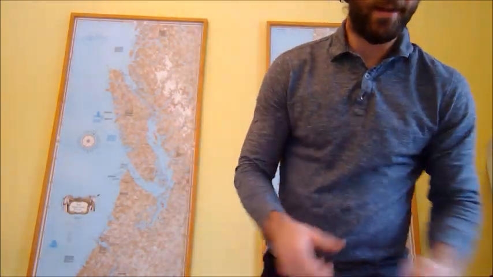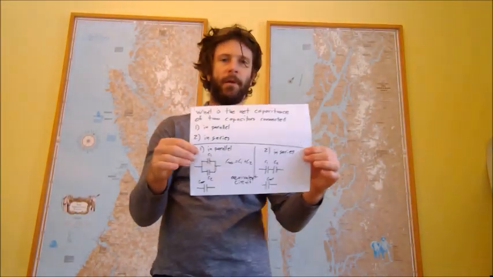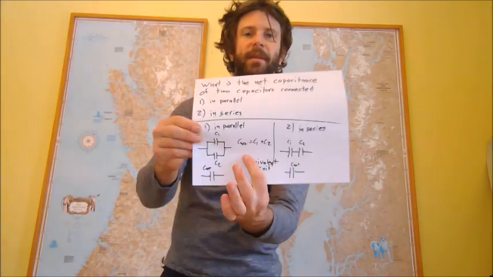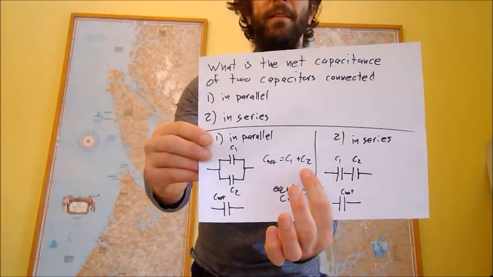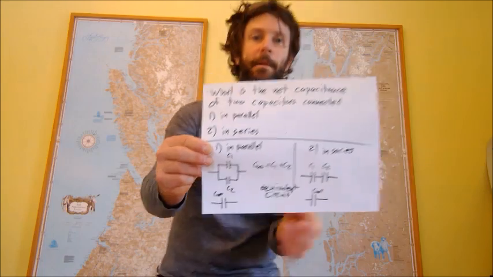And what we came up with is that C net is just C1 plus C2 if they're connected in parallel.